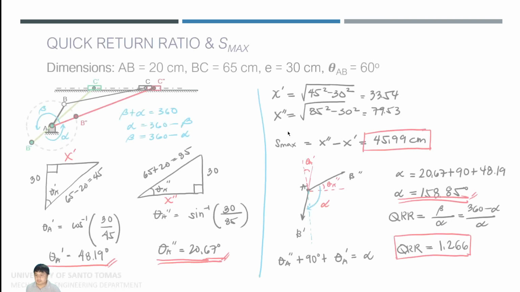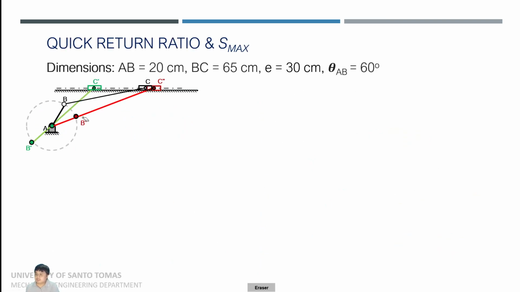Okay. So for this example, as you can see again, we have this first extreme position and this other extreme position. So we can find this maximum stroke. The way that we can solve this, we can use again what we've used so far, trigonometry, to solve for this length.